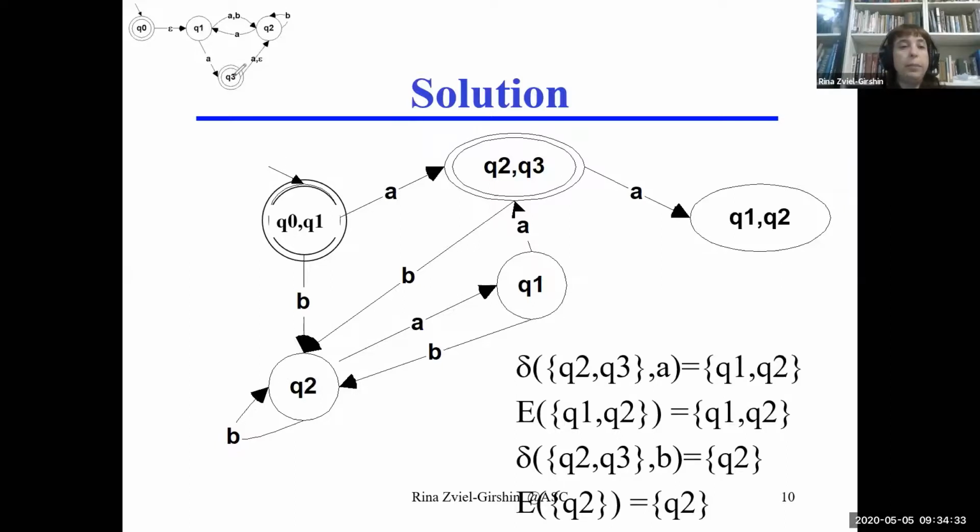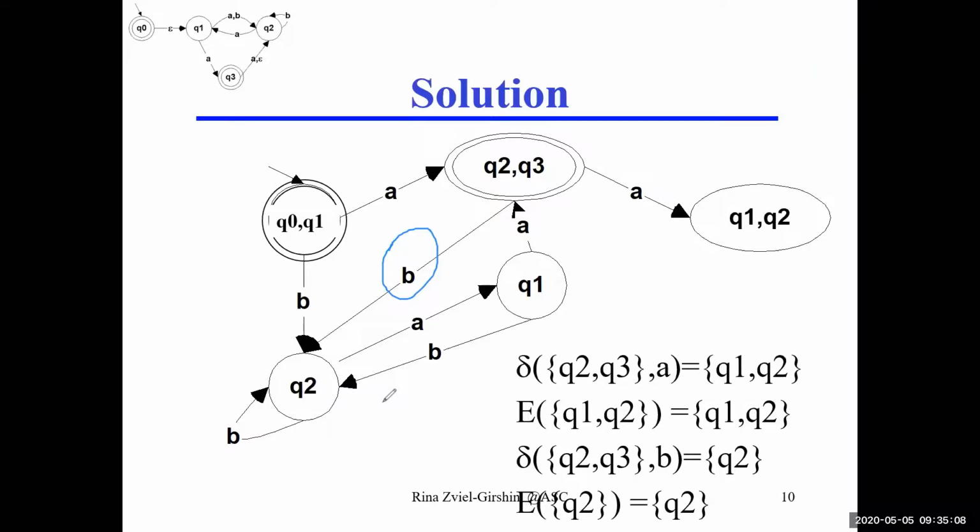Q3 and B, the transition is not defined, so Q3 on B is actually an empty state. Q2 on B is Q2, so the union of the empty state with Q2 is Q2. The epsilon closure of Q2 is Q2. So from Q2, Q3 on B, we go to Q2. Any questions?